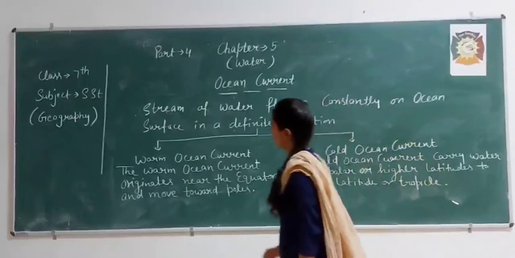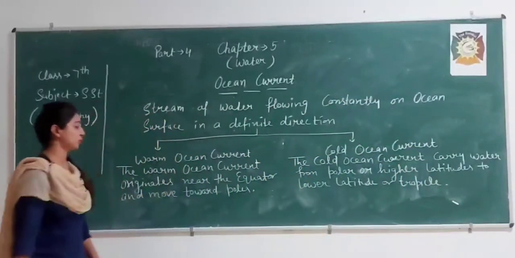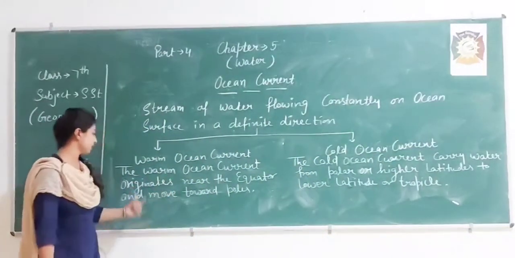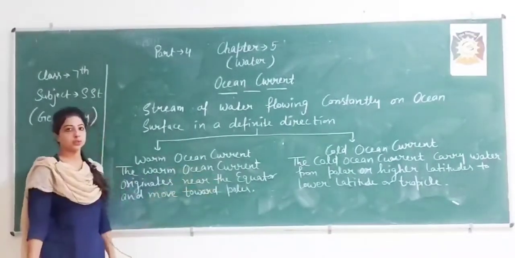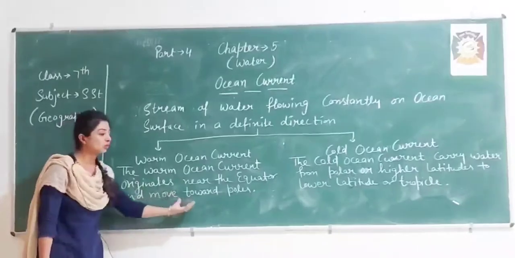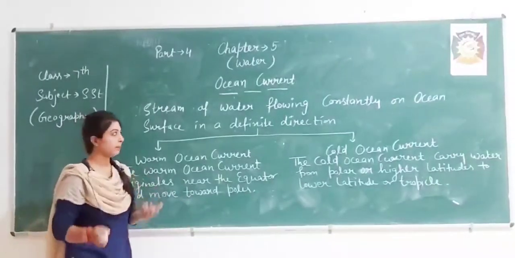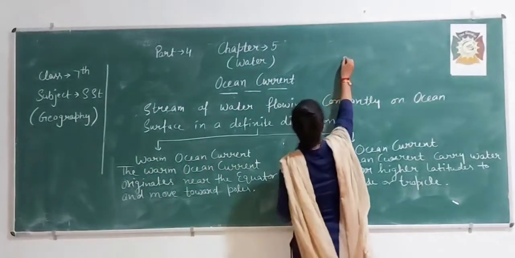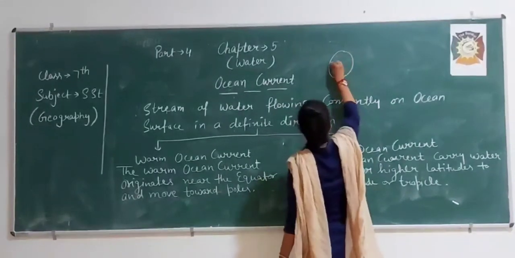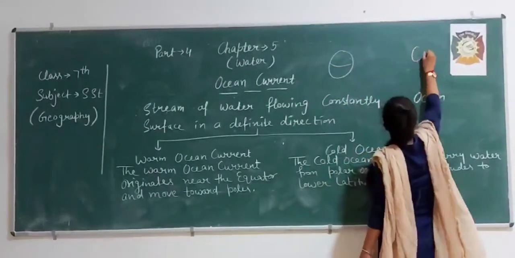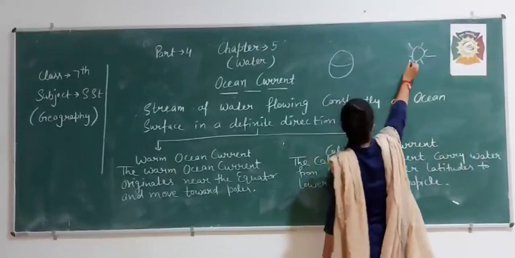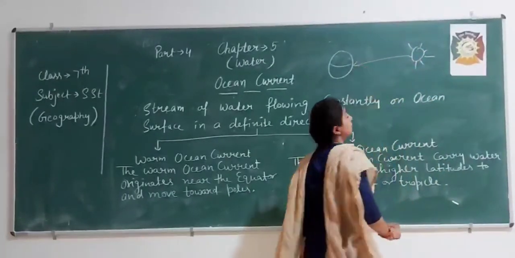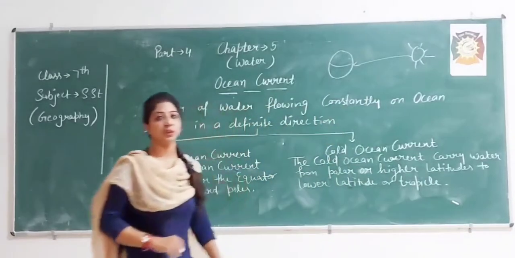Okay, so first we will understand warm ocean current. Where does it originate? It originates near the equator, and it moves toward the poles from the equator. Okay, for example, this is your earth. Okay, this is your sun. As you know, the sun rays directly affect the equator.